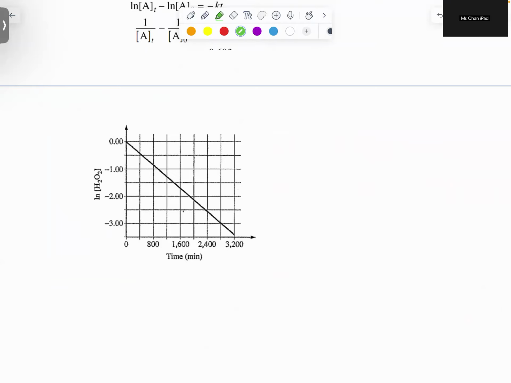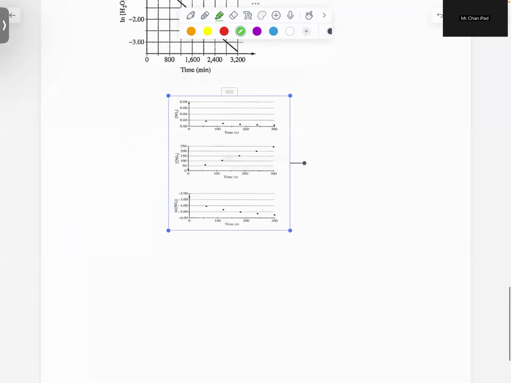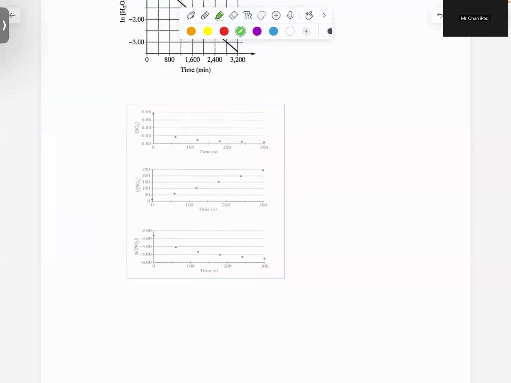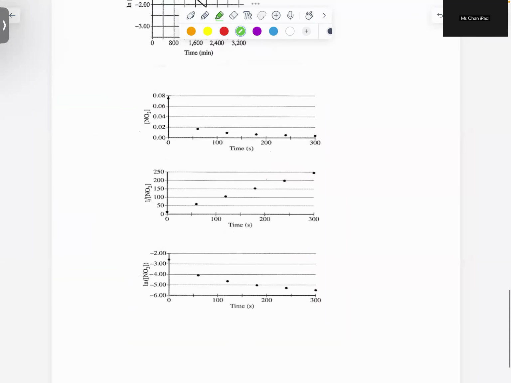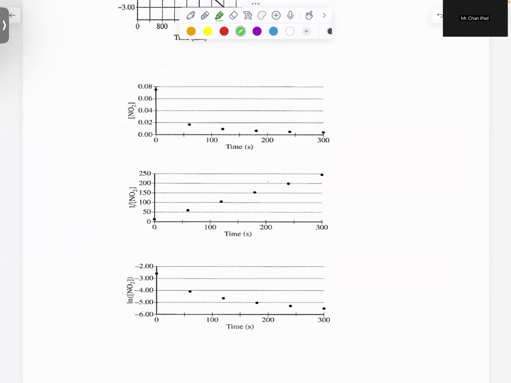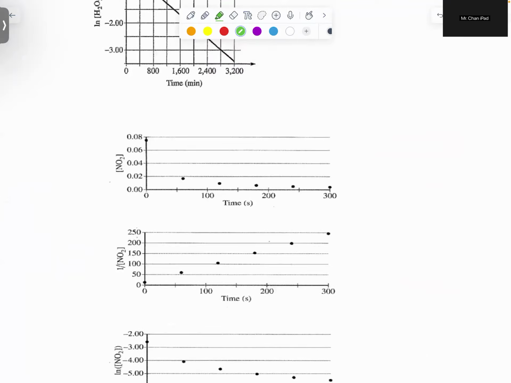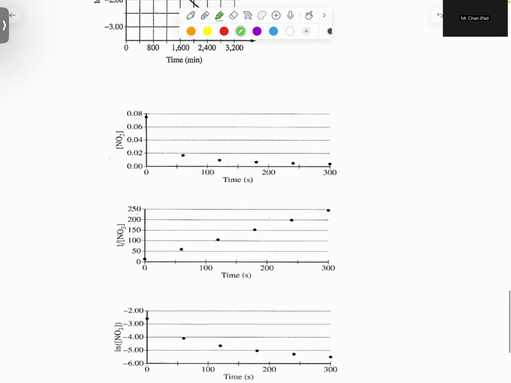Okay? Now, how about this? If I show you all three graphs, what order is this particular reaction? The reason why we have three graphs is because we have some data points right here, and we just subject the data points by saying, hey, let's go do 1 over.